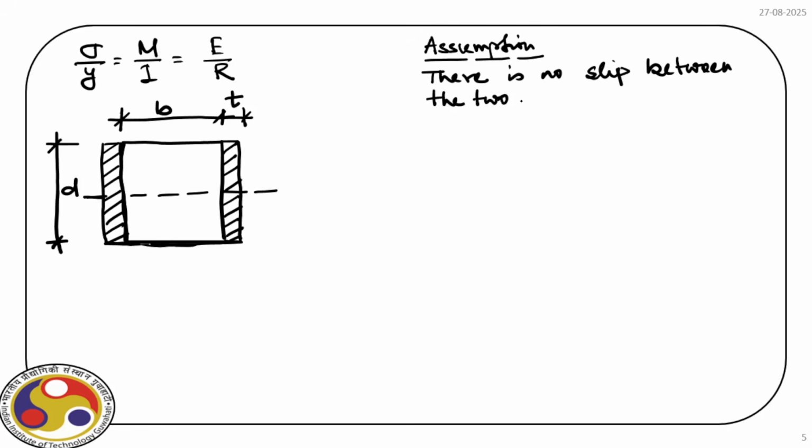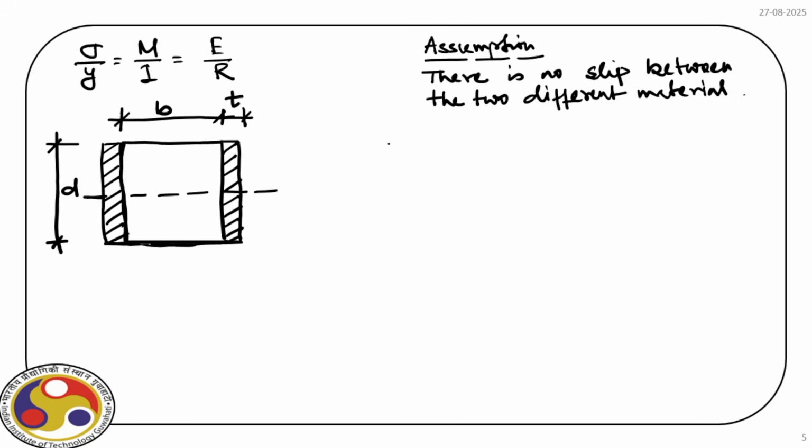That means when the cross section bends, the strain developed at this wooden fiber is exactly the same as what is developed in the steel fiber.